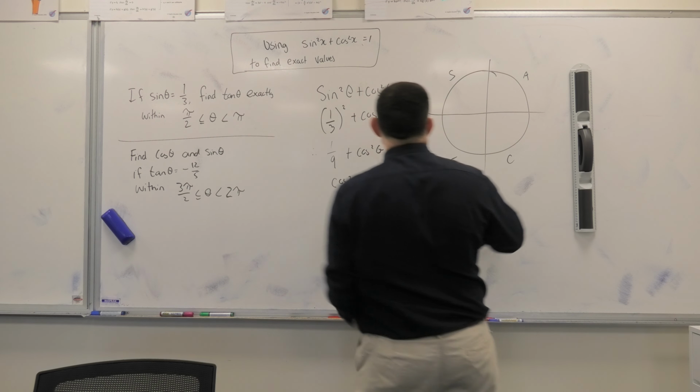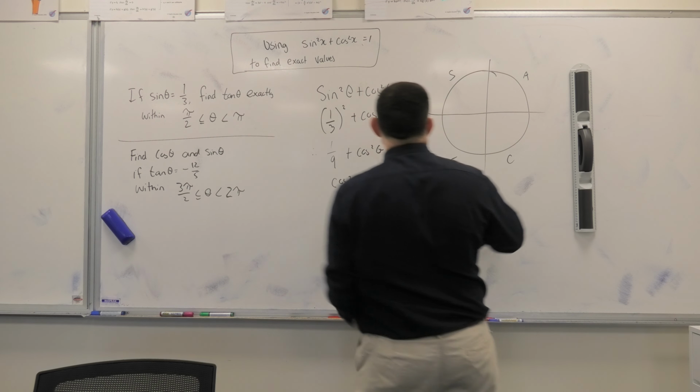So when we look at solving this, we've got to remember that other identity that we came up with, and that was tan theta is equal to sine theta divided by cos theta. And I have both of these answers in terms of what sine theta equals and what cos theta equals.